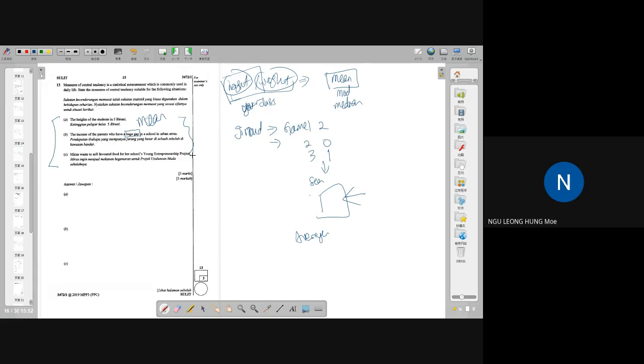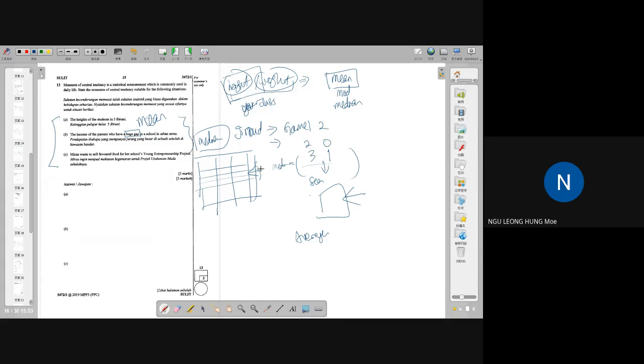Kalau dia kata yang ini, okay, ini kena pakai median. Kenapa pakai median? Kalau huge group, collective data, dia mesti banyak data. Lepas tu kita guna median, rumus formula kita dapat median yang tengah-tengah.